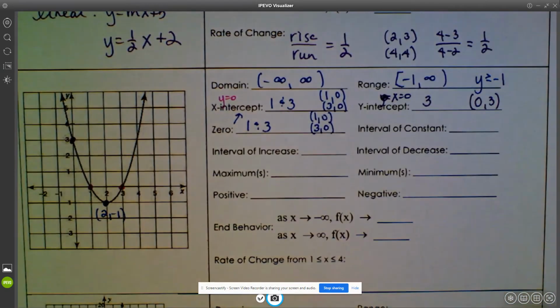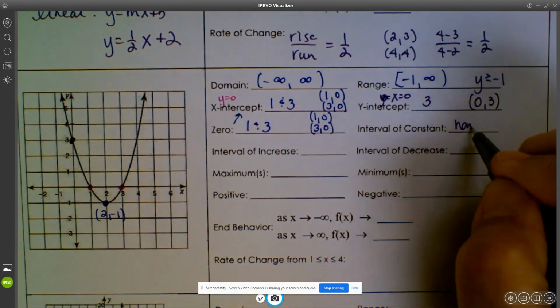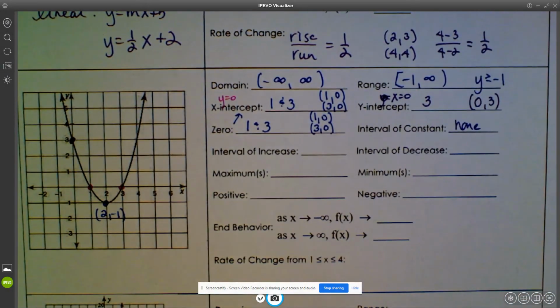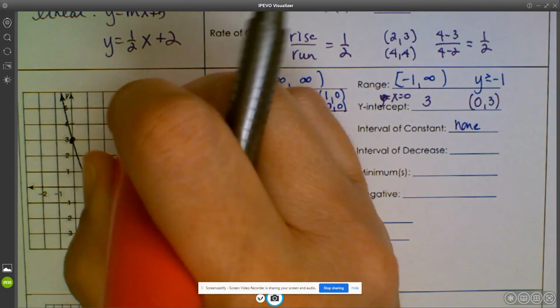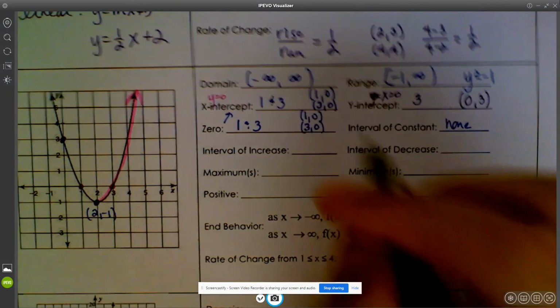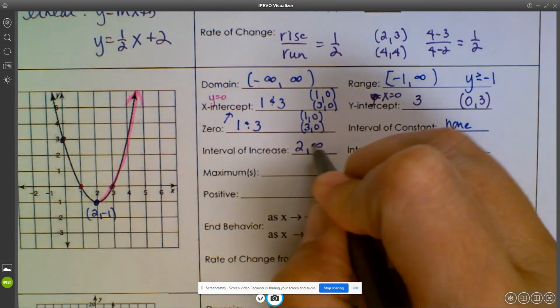All right. My interval of constant. Where do I have a 0 slope? I don't. Okay. Interval of increase. Where is this graph going uphill? Right here. So it's going from 2 to infinity.